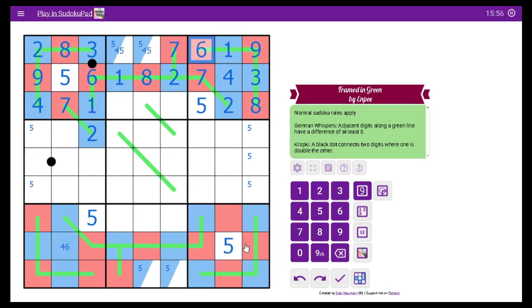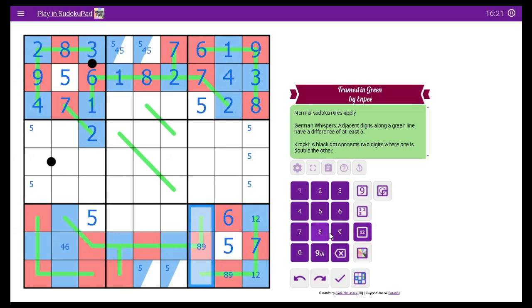Let's come down here. Where do you put the 6? The 6 is part of red. It's not here or here or here, so it is there. Now you need to make this a 7. You need to make these 8, 9. You can't put a 4 or a 3, so these are a 1, 2 pair.